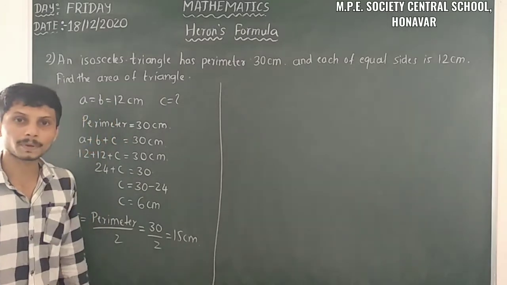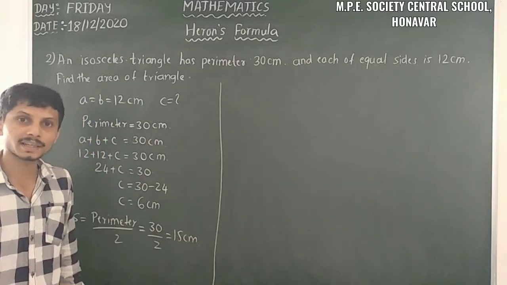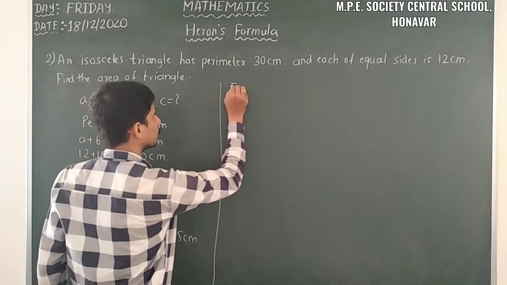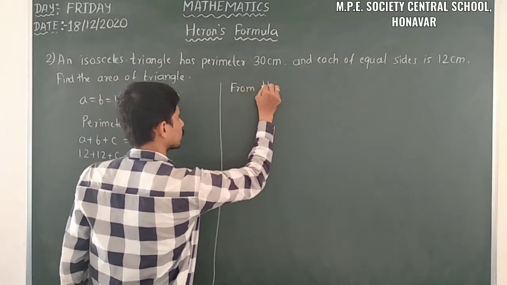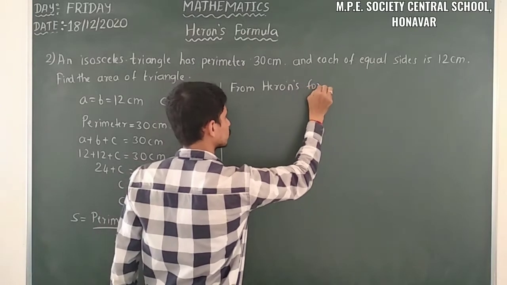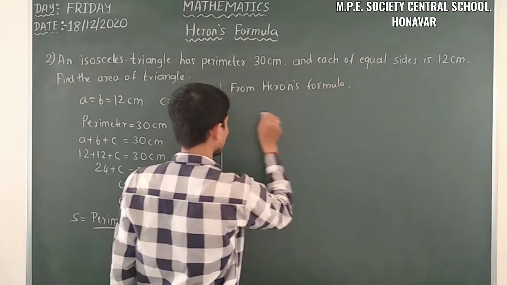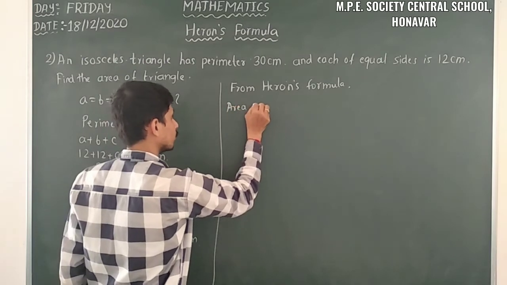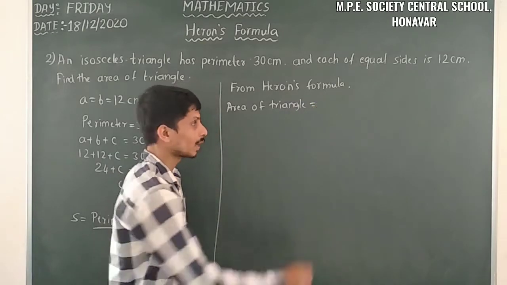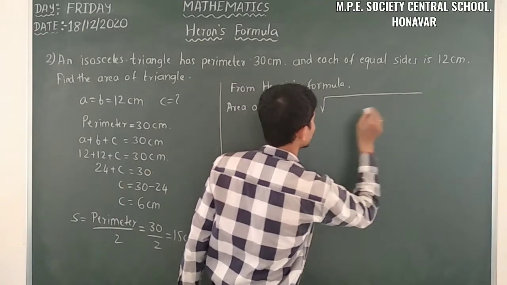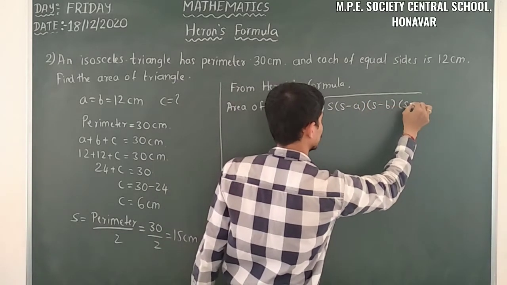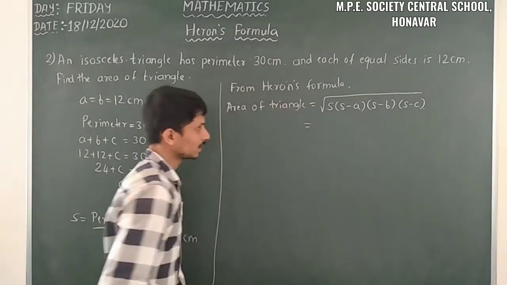Then we have to apply all these values A, B, C and S to Heron's formula. From Heron's formula, area of triangle is equal to square root of S into S minus A into S minus B into S minus C. What is the value of S here?